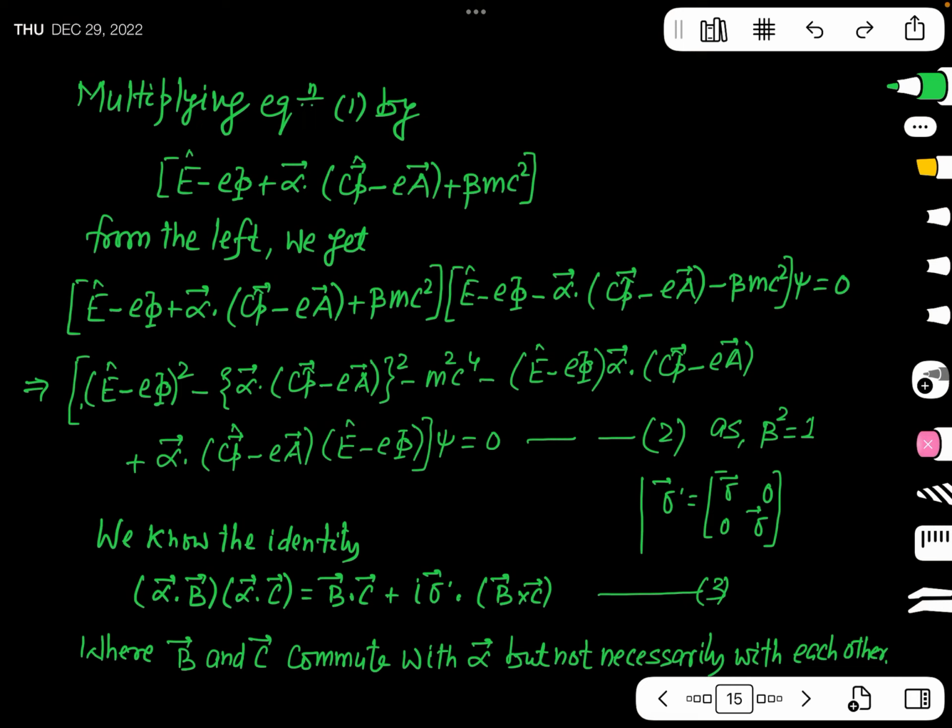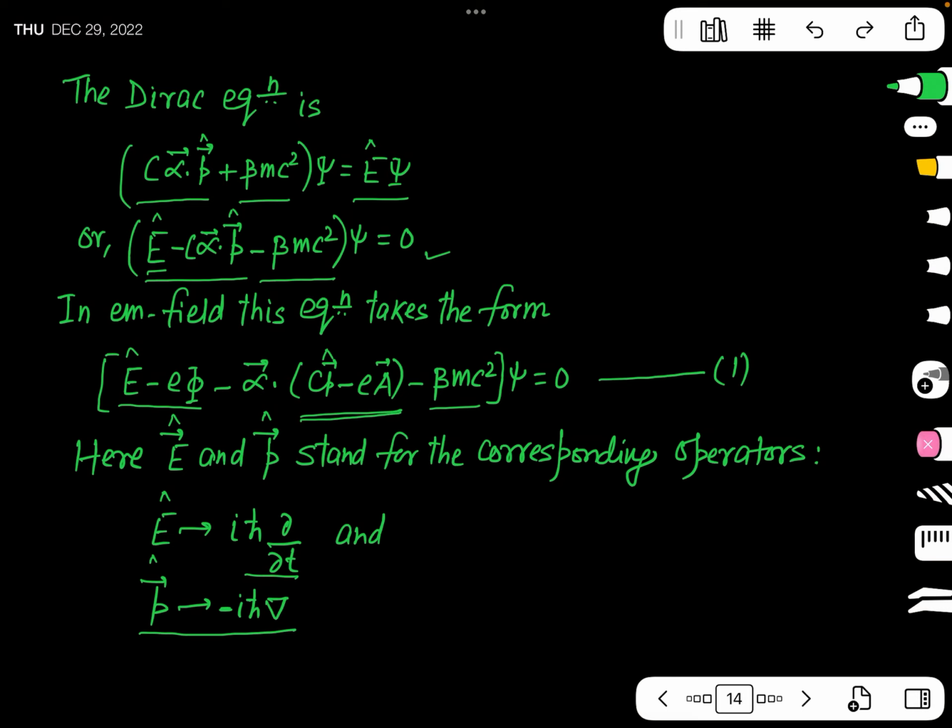There will be mathematical steps to get such a result, and you have to remember all those steps by practice. So to get the result, in the Dirac equation the operator is E minus Eφ minus alpha dot (Cp minus Ea) plus beta mc square. This operator operates on psi, and that is equal to 0, okay?